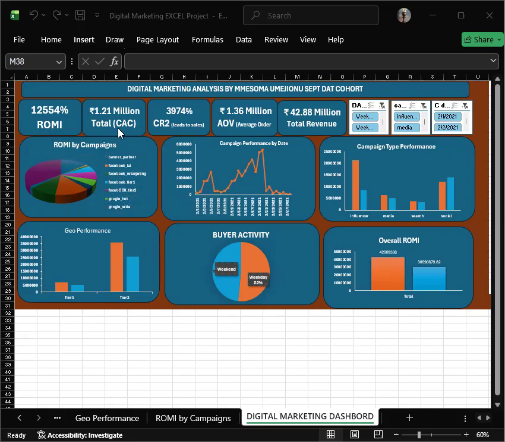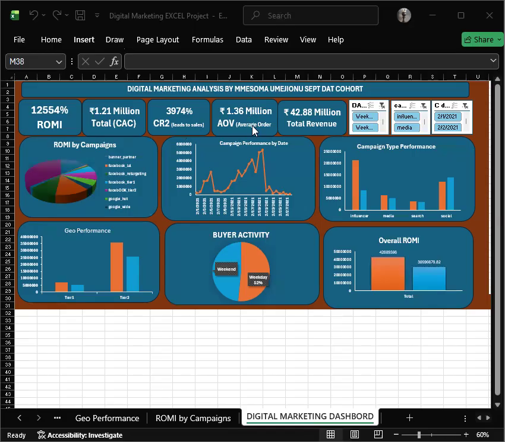And over here, we are looking at the total customer acquisition cost, the total CAC, which is around 1.21 million, and also the conversion rate from leads to sales, the CR2, which is also 3,974%, showing strong funnel performance.